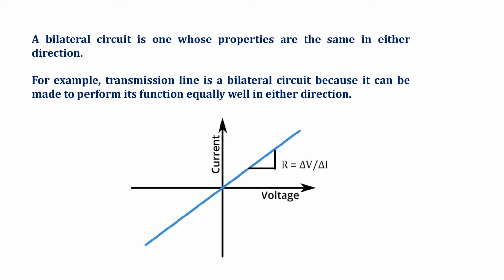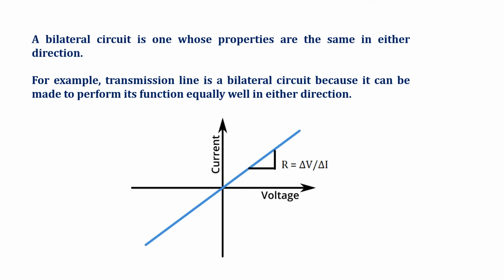Also, if the voltage and current direction is changed, the properties of the circuit remain the same. You can observe it in the diagram in quadrant 3, right? So a bilateral circuit is one whose properties are the same in either direction. This is what we call a bilateral circuit.